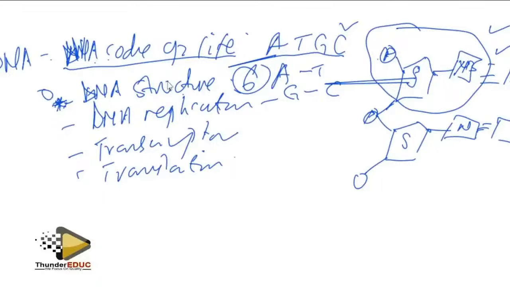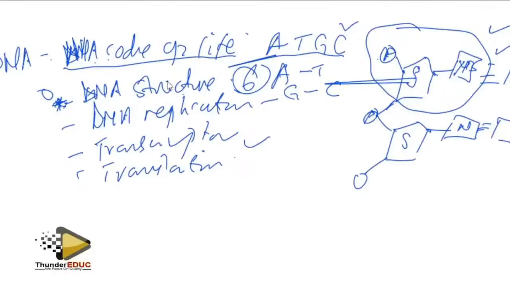All right. Then, transcription. You must also know that the DNA double helix unwinds, weak hydrogen bonds break to form 2 separate strands. Now, one strand acts as a template. You have to know that.